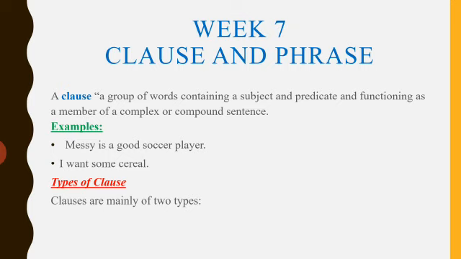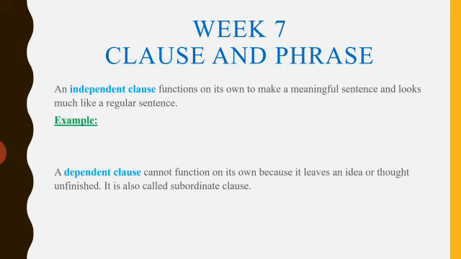Then we have the types of clauses. There are mainly two types of clauses: the independent clause and the dependent clause. Now, what is an independent clause? An independent clause functions on its own to make a meaningful sentence and looks much like a regular sentence.